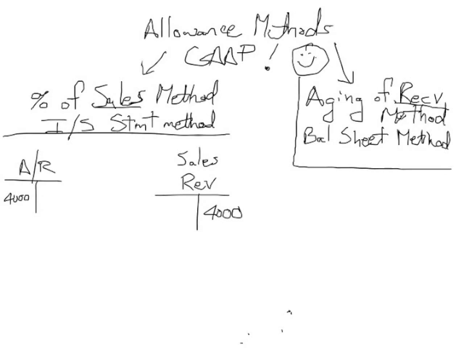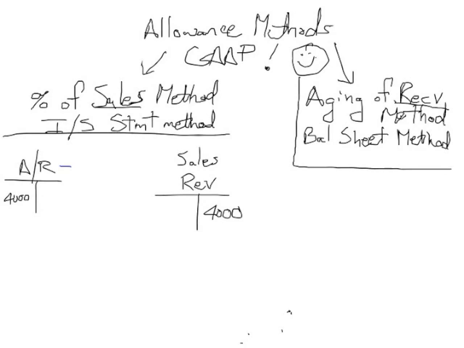Well, this involves a contra account. Remember the accumulated depreciation account, which was a contra account for our long-term assets? This is sort of the same thing. Accounts receivable has a contra account that is the allowance.